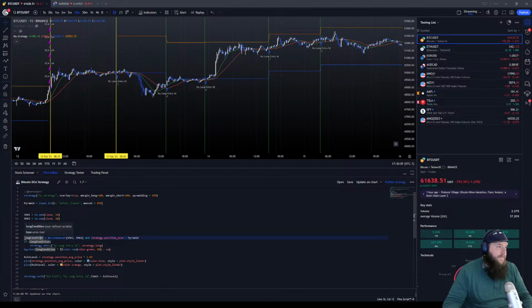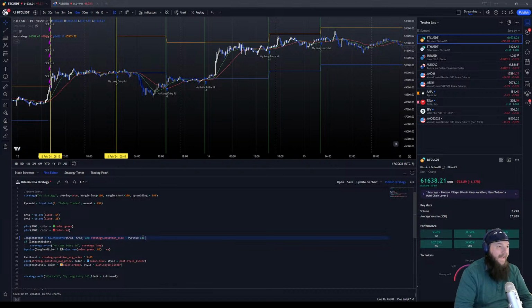Simple enough. All we have to do is add that condition onto our long condition, right? Because when this long condition is true, we take a trade. And so if we want this to be true only in specific circumstances, then we just add those circumstances to this long line of conditions.